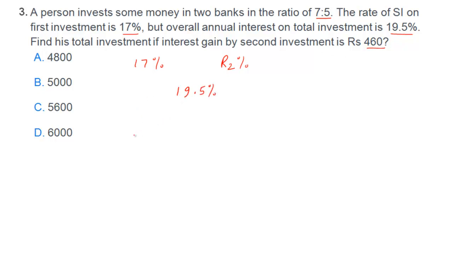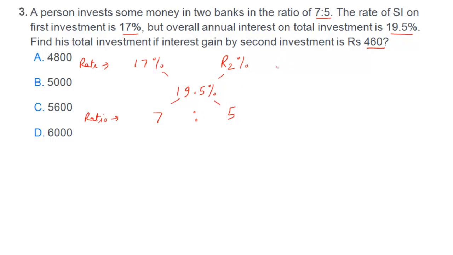And then the investment ratio is also given, so that is 7:5. So we can apply the alligation rule. Here the ratio is given, so with this we can calculate R2.